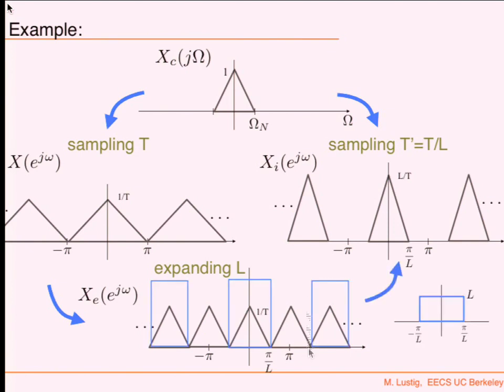Why did I draw more boxes? It has to be periodic with 2 pi, because the signal is digital. So I low-pass filter with cutoff frequency pi over L, and then I get this. Ta-da! That's it. So now I really didn't have to go through the continuous domain, but I remember in the back of my head that this is really the signal that I'm interpolating. Any questions?